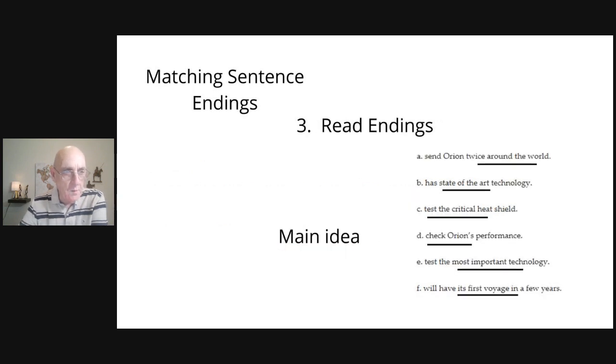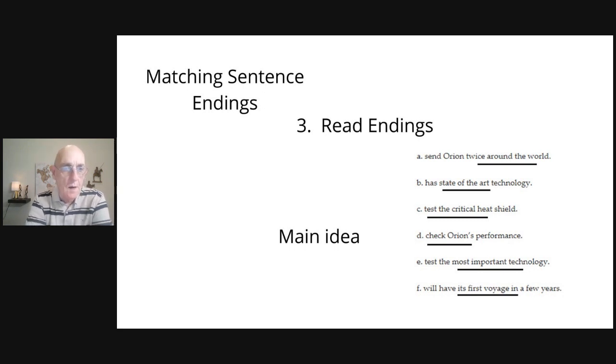So the first thing we want to do, after we've read the sentences and marked the key words in the first part of the sentence, is to read all the endings and get the main idea of the endings of these sentences. Because we've gotten the main idea of the beginning and the topic, the subject, now we're going to look at the best way to end that same main idea.